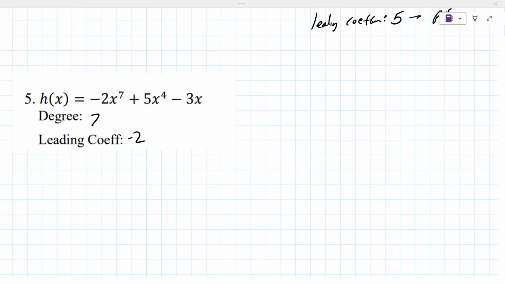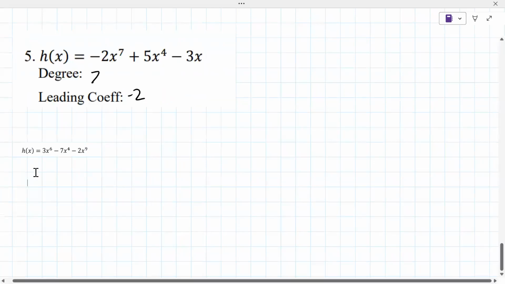All right, let's try another one here. Degree and leading coefficient of this. Get this a little bit larger.